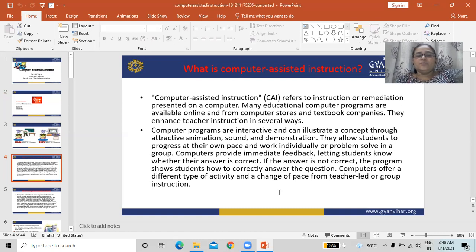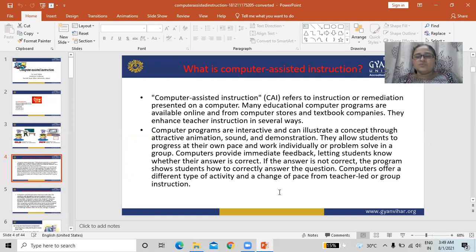Computer programs are interactive and can illustrate a concept through animation, sound, and demonstration.